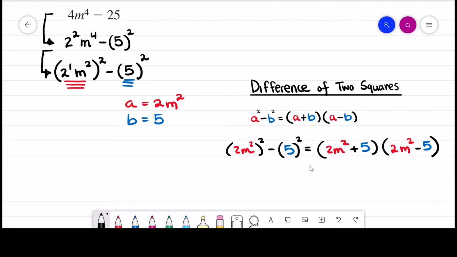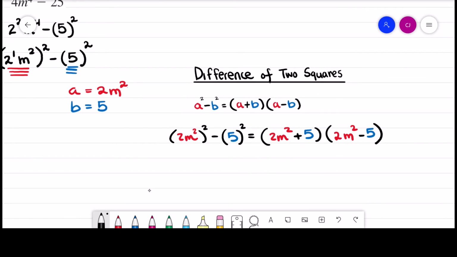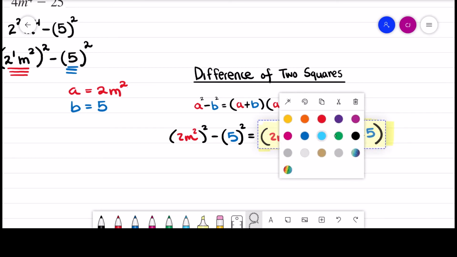And we learned that when we use this factoring pattern, our factored form of our original polynomial is going to be 2m to the 2nd power plus 5 times 2m to the 2nd power minus 5. And I'm going to go ahead and rewrite this in solid black, because this is our factored form of the original polynomial.